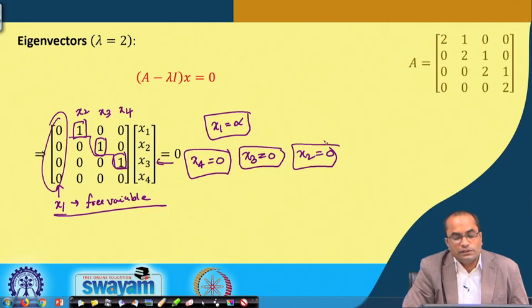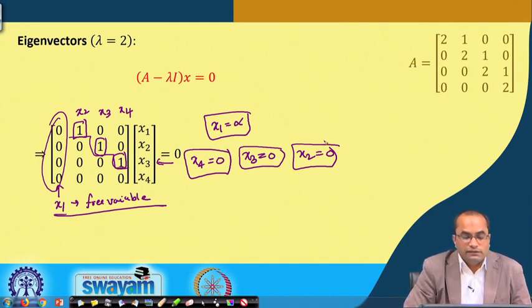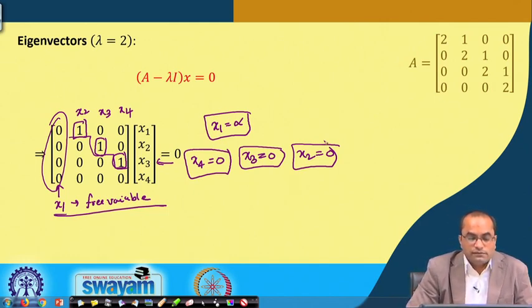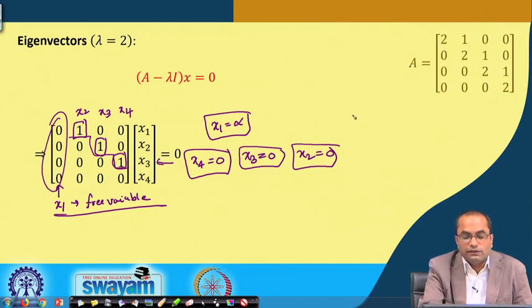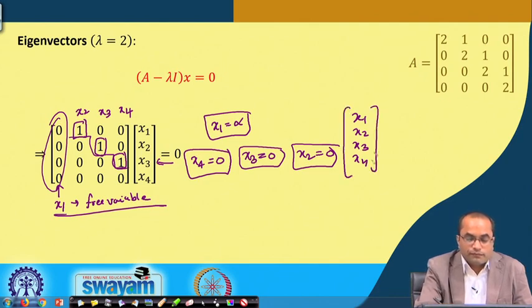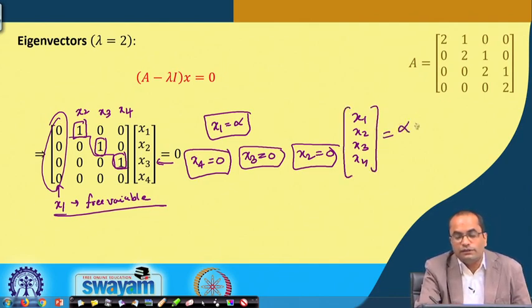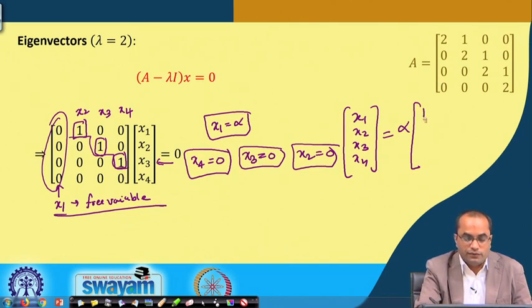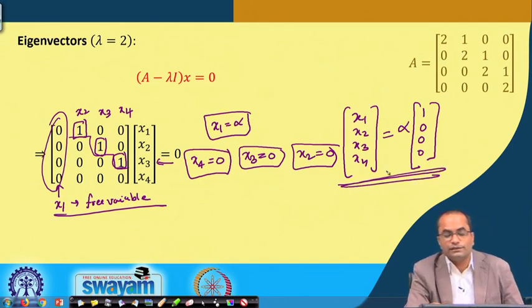So that is the solution here. x 1 we can choose as any value alpha, and now if we write down the solution x 1, x 2, x 3 and x 4, in terms of alpha, only the first component has alpha, all others are 0. This is the solution of this system of equations.